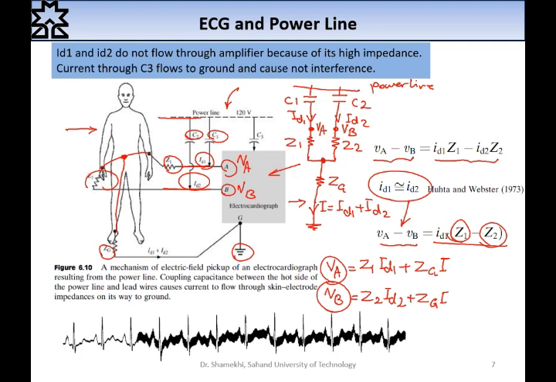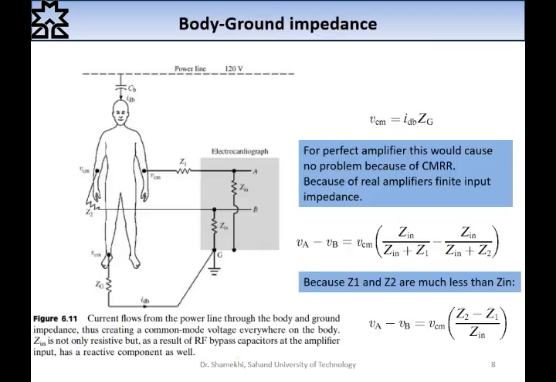If we remove this bad effect, we have a clear signal, as you can see here, and this part of the recorded signal, for example, is affected by the bad interference from the power line.